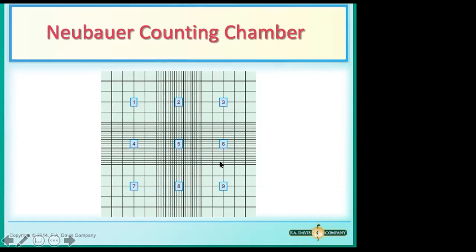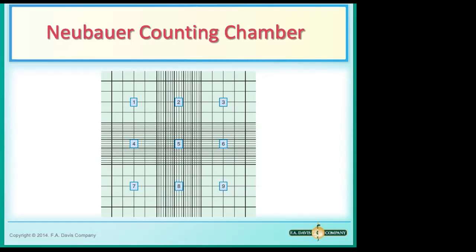It depends on how many cells we see when we quickly look at it, and we estimate. If there are way too many cells to count, we don't typically count all of these squares, but maybe just the center square, or maybe just squares 1, 3, 7, and 9, and then we multiply by 4 to get a better estimate of the number. But it all depends on how many cells we initially see.